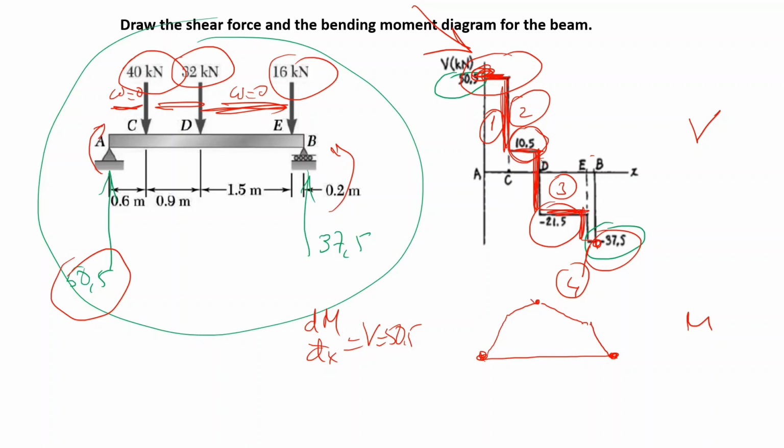Well, usually I'm interested in this value. So how you can do it, you can calculate this area. How can you do the calculation? 50.5 times 0.6. This is the first area, and 10.5 times 0.9.